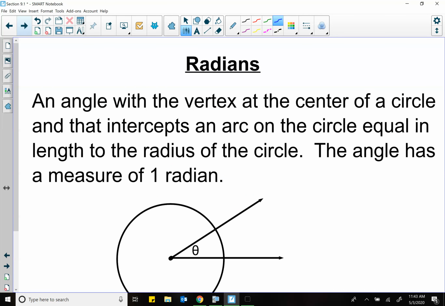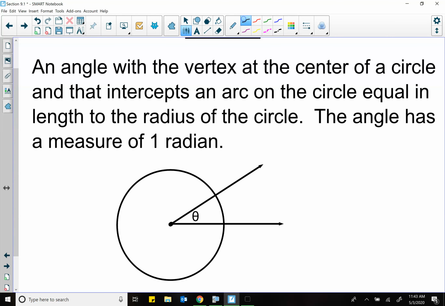The radian is an angle with the vertex at the center of a circle that intercepts an arc on the circle equal in length to the radius. So the angle has a measure of 1 radian.